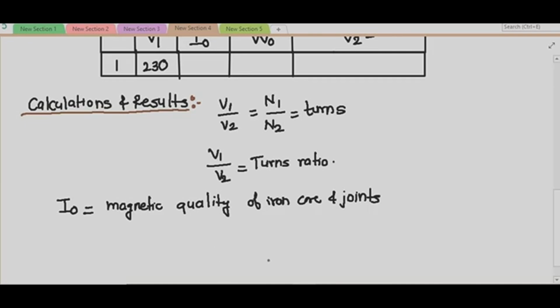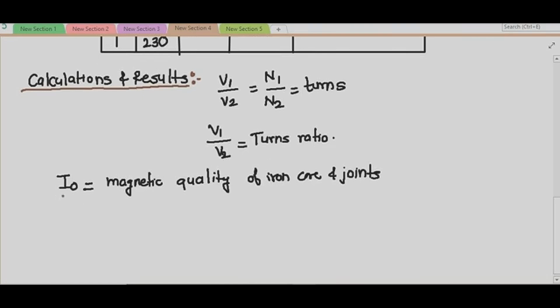So the quality of the iron core and joints depends upon the no load current value. If the no load current is less, the material used for the iron core and the joints is good in quality, so very little current is required to set up the flux.